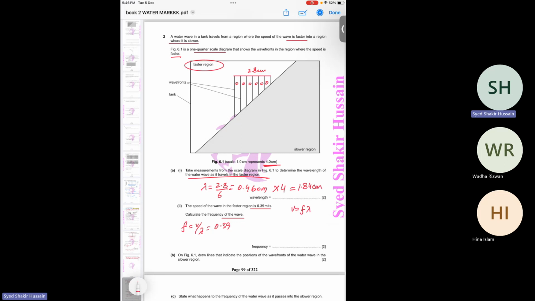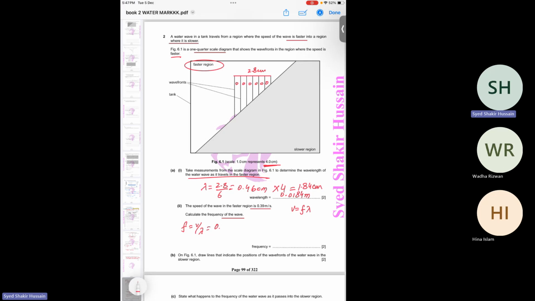And this same answer in meters would be further divided by 100. So it would be 0.0184 meters, right? So I would not use 0.39 here. I would use 0.0184. All that divided by, sorry, 0.39 was the speed, not the distance.